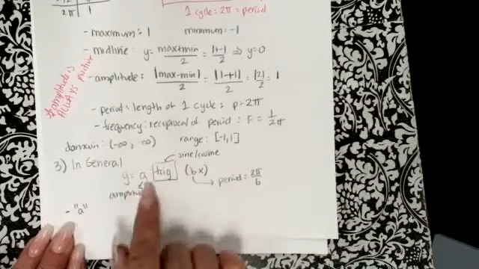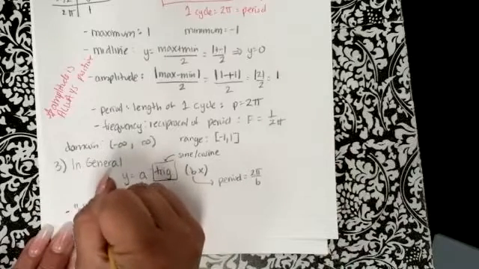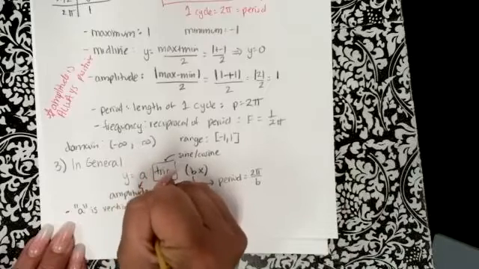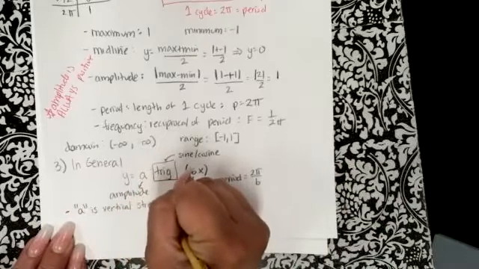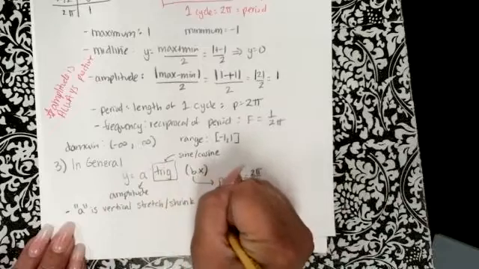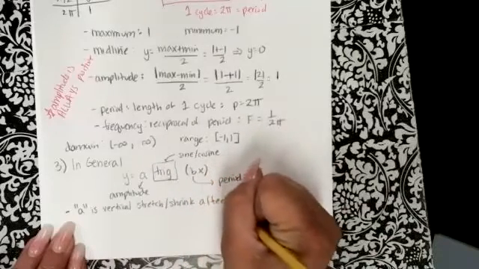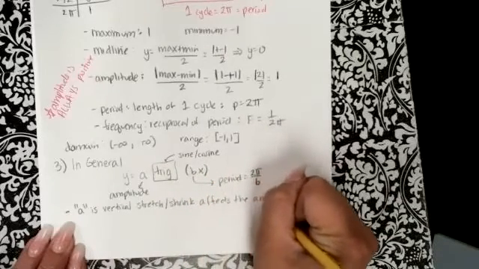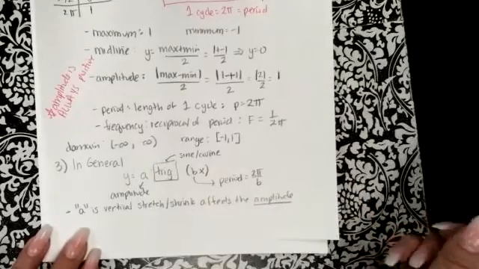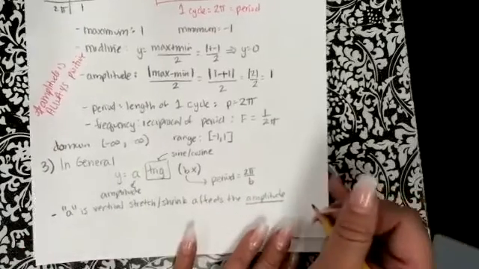The A is a vertical stretch or shrink, which affects the amplitude, which is the y-axis.